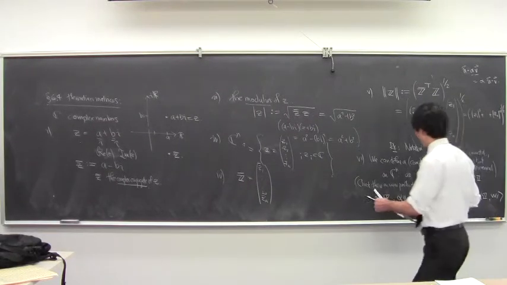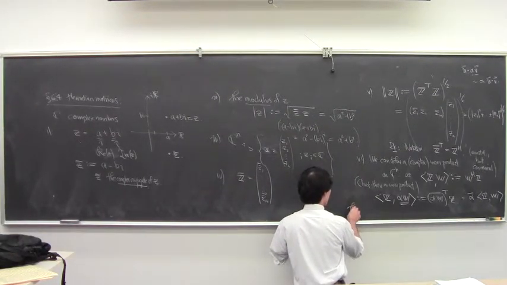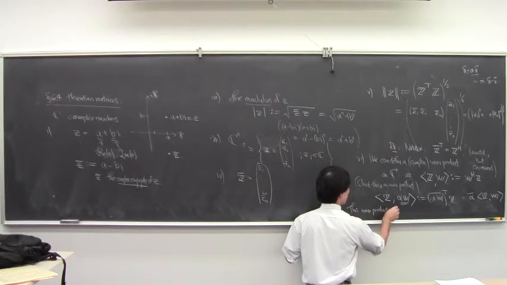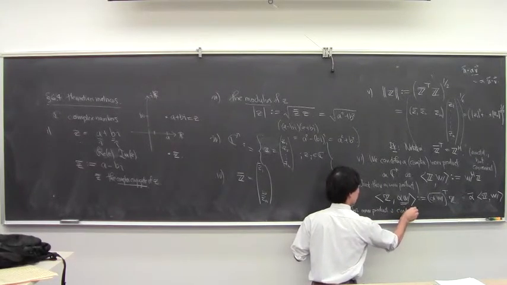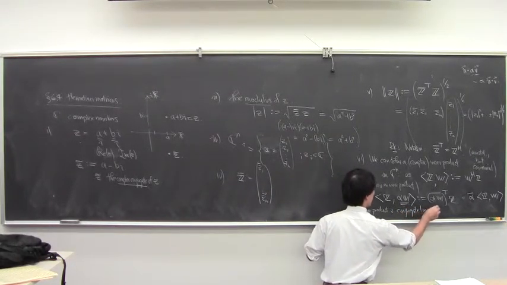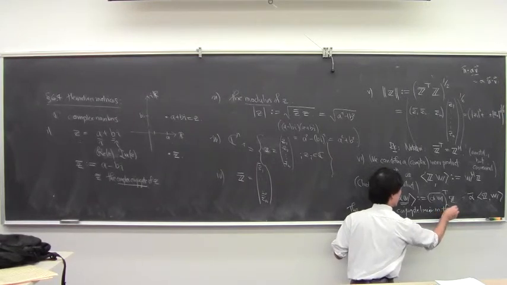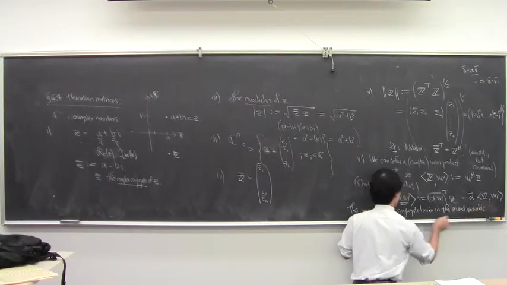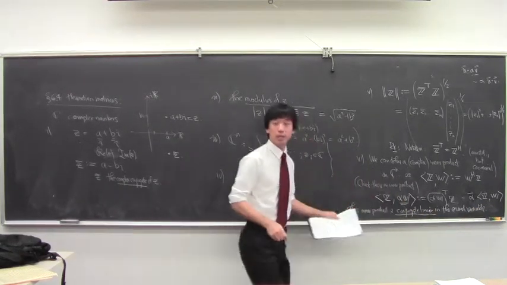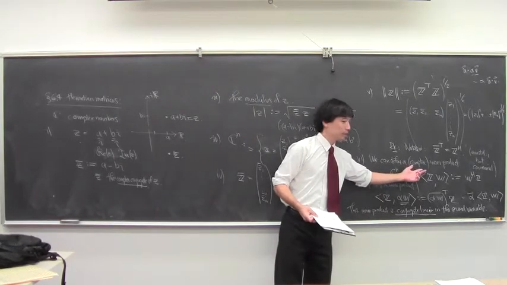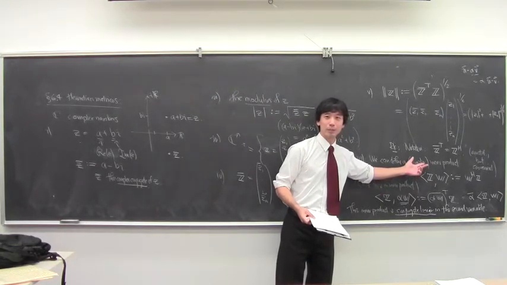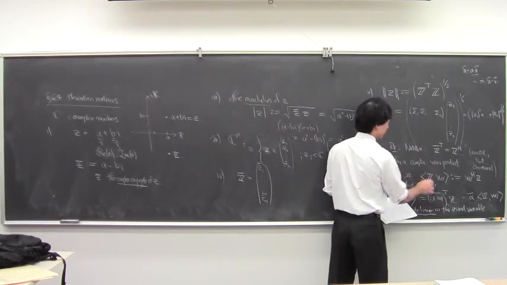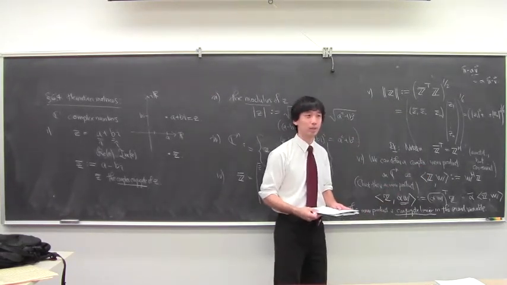So this inner product is conjugate linear in the second variable. So it's not what we called an inner product earlier. It's something a little bit different, what we call a complex inner product. That's why I put the word complex here. It's not a real inner product, it's a complex inner product.